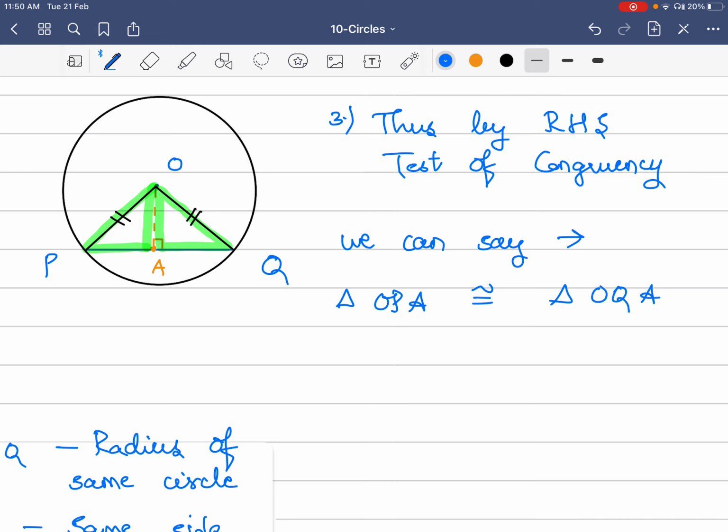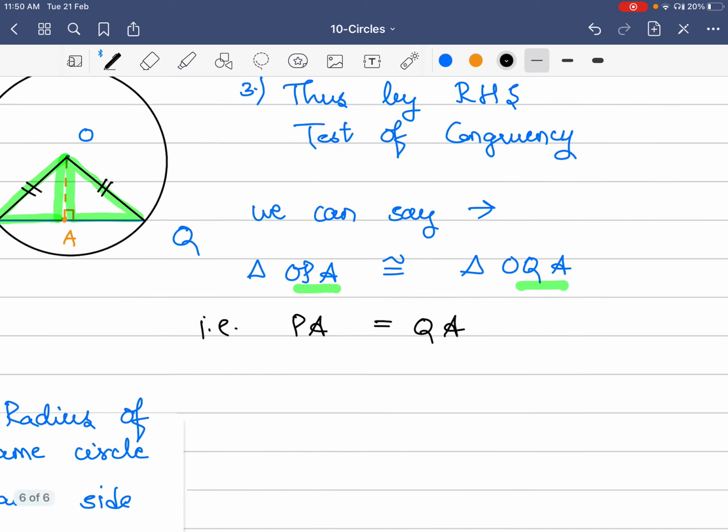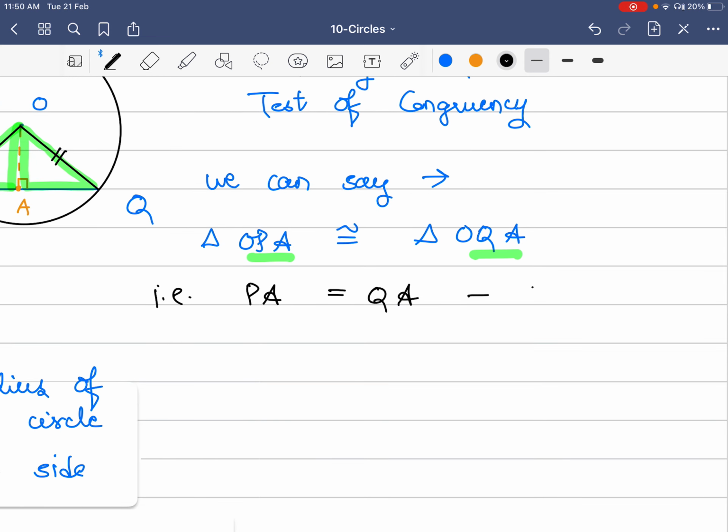Once we have proven that these two triangles are congruent, then we can say that PA is equal to QA. Why is it so? Because they are corresponding parts of congruent triangles. CPCT is a short form for corresponding parts of congruent triangles.